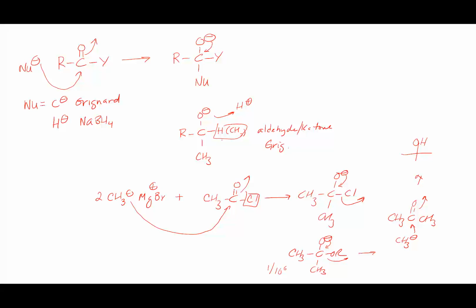Because if this group can never leave, I can never substitute the nucleophile for that group. If Y leaves, then I can substitute that group and get a substitution reaction. It's called acyl substitution because it happens at a carbonyl. Okay. So we've seen this before, and that's how we're going to break the molecules up.